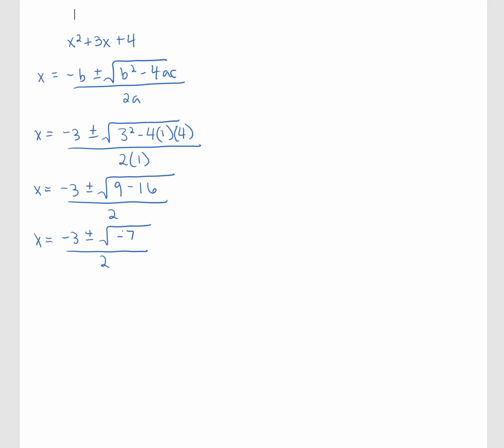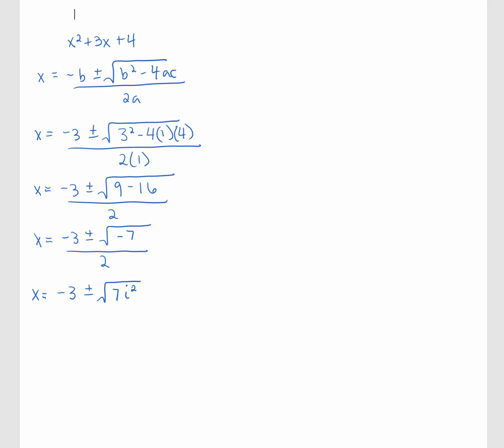So using i to solve this, we know that i is defined as the square root of negative 1. So under the square root sign, we can say we are multiplying a positive 7 times i squared, because i squared is going to be negative 1.